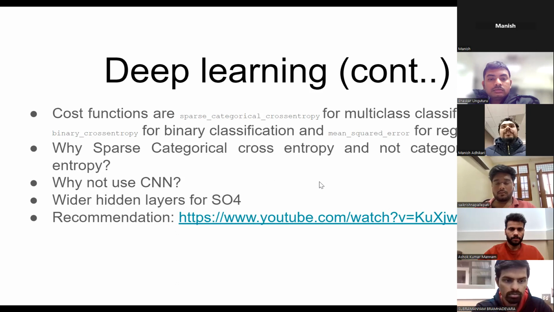But since we don't know which features are supposed to be closer to or farther from each other, convolution doesn't really work because you don't know how they are related. For SO4 we have a wider hidden layer because it has more intuitive features. If you want to learn more about deep learning or convolution, I recommend a video from my favorite YouTube channel for math, and I'll leave the link in the description.